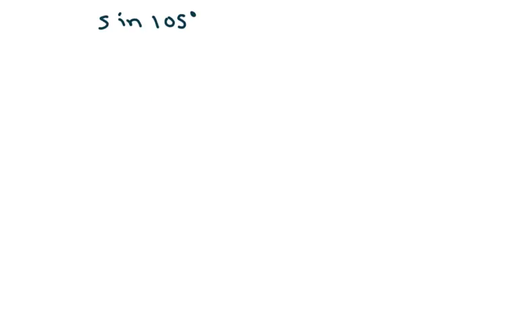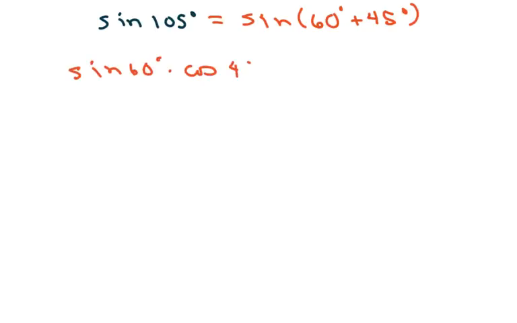Okay, we have a couple more with degrees. I'm going to break this up as sine of 60 plus 45. And these are all degrees. So, and just put in the formula. Sine of 60 degrees times cosine of 45 degrees plus cosine of 60 degrees times sine of 45 degrees.